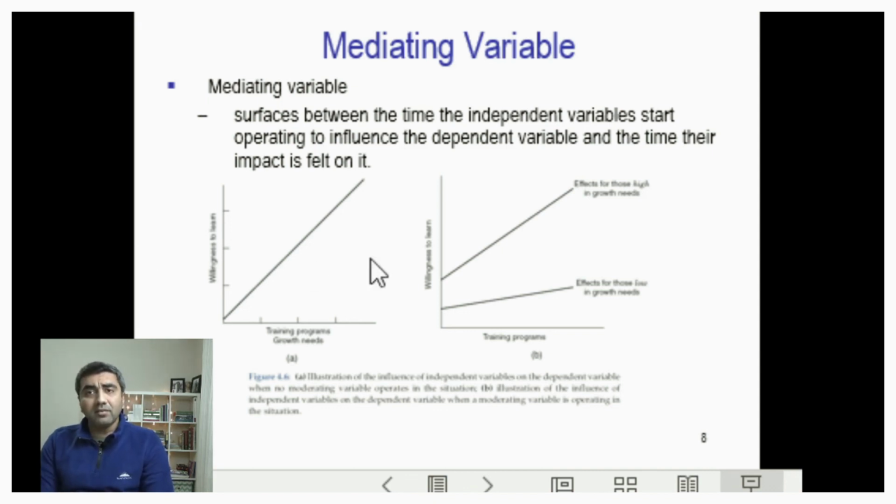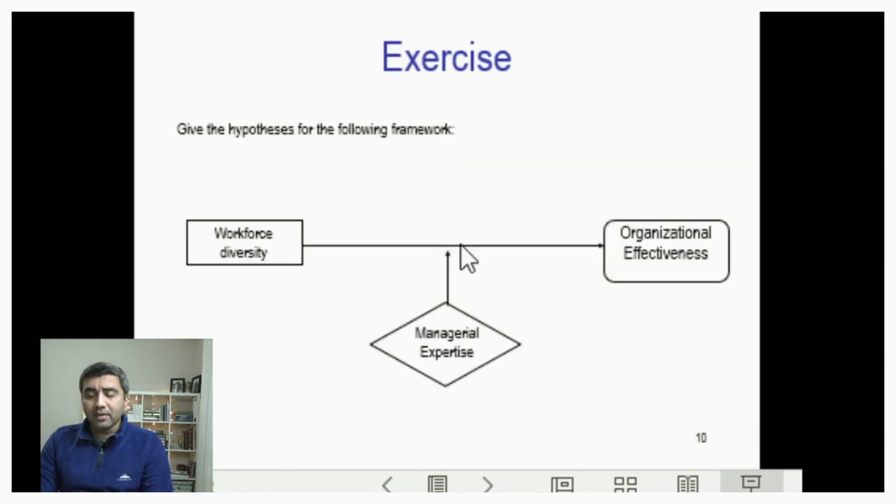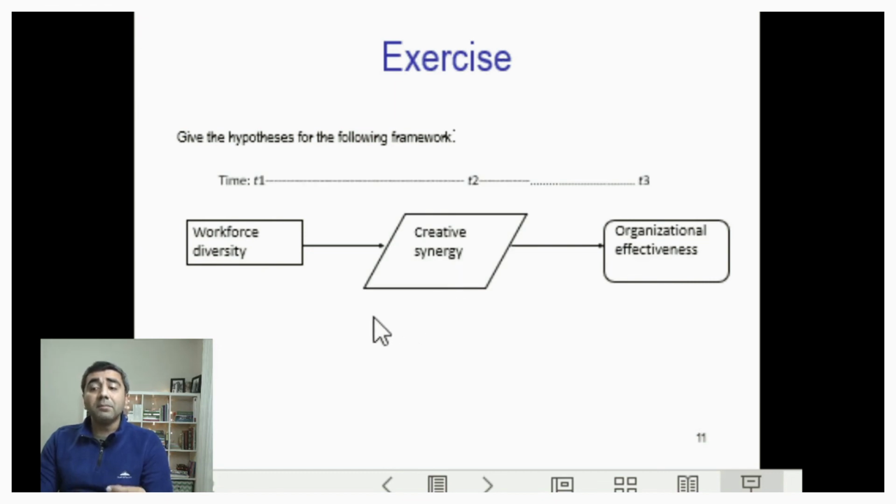It may sound a bit difficult, but let me share one example that can help you understand the mediating variable a little more clearly. In the previous example, the independent variable was workforce diversity, and it was influencing the dependent variable, which was organizational effectiveness.